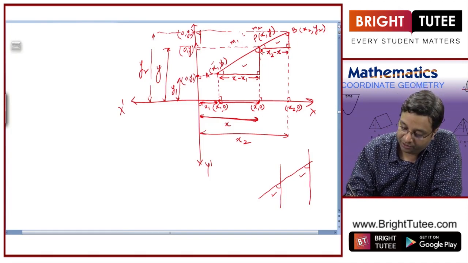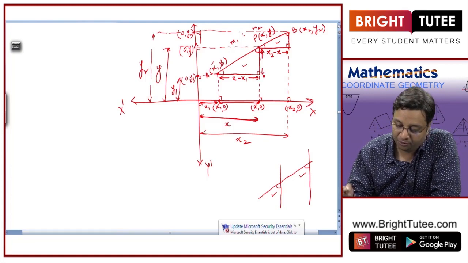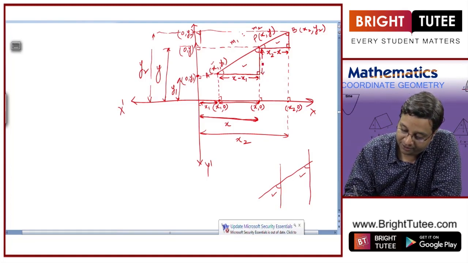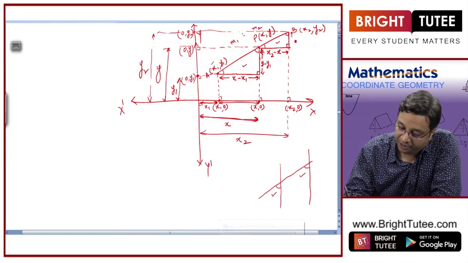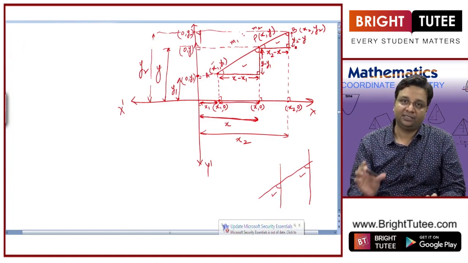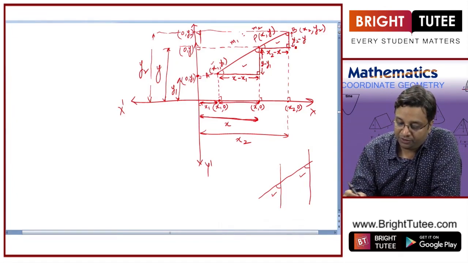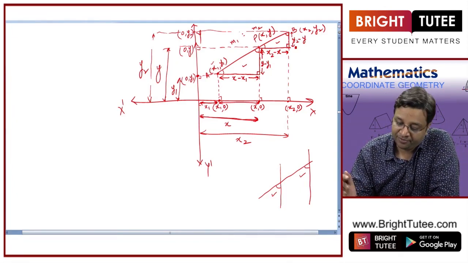And on the y-axis, this side will be y minus y1, and this side will be y2 minus y. How did I get these sides? Just by subtracting these distances. So now we know the sides of these triangles.